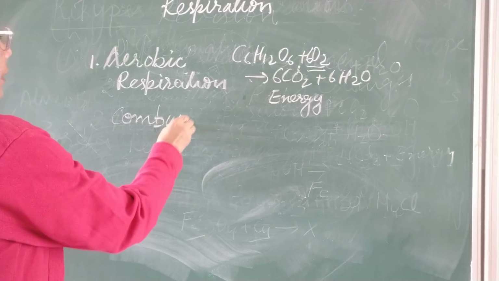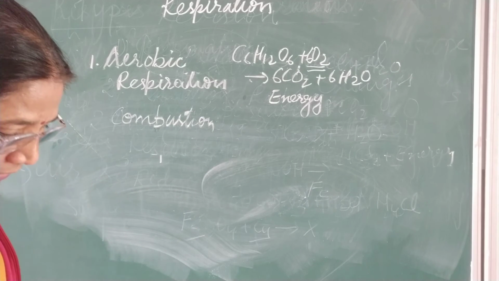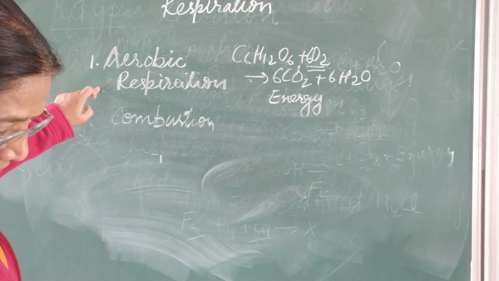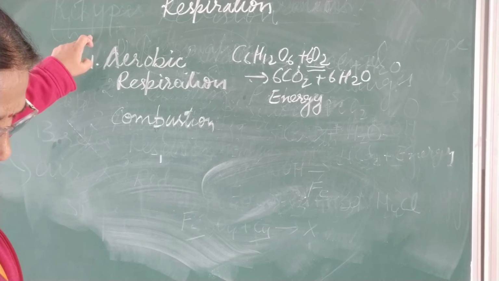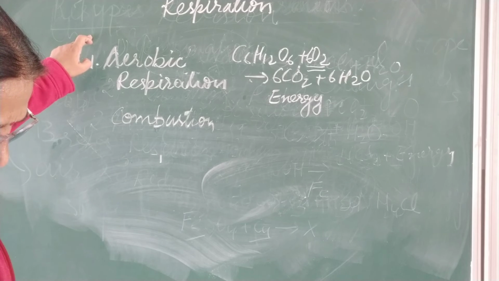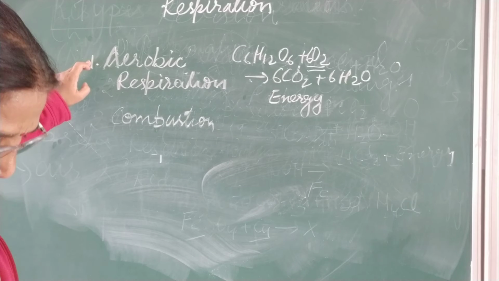As you know, when we burn anything, it requires high temperature, but respiration takes place at body temperature. Combustion can occur anywhere, but respiration occurs only in the living cell. Energy is released in a single step in combustion, but it is released in many steps in respiration.